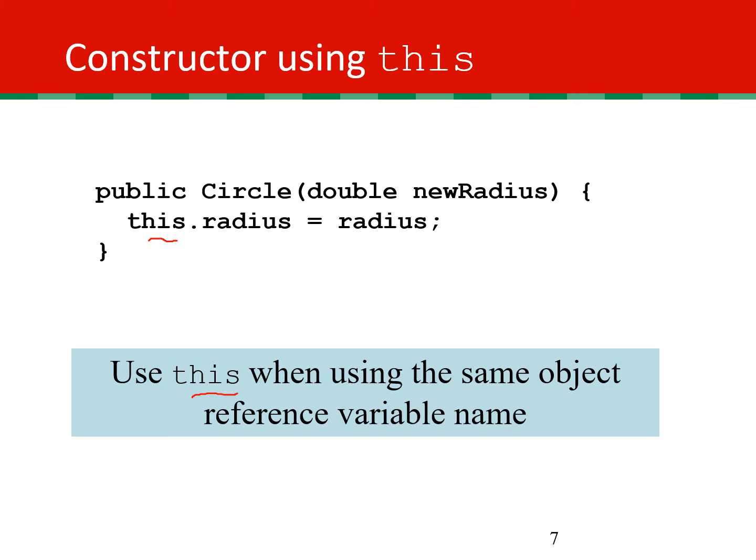So to differentiate between the radius variable in your class compared to the radius variable, for example, in the parent class, you use the word this. Okay, this is a keyword used to refer to whatever method or variable inside the same class, right?